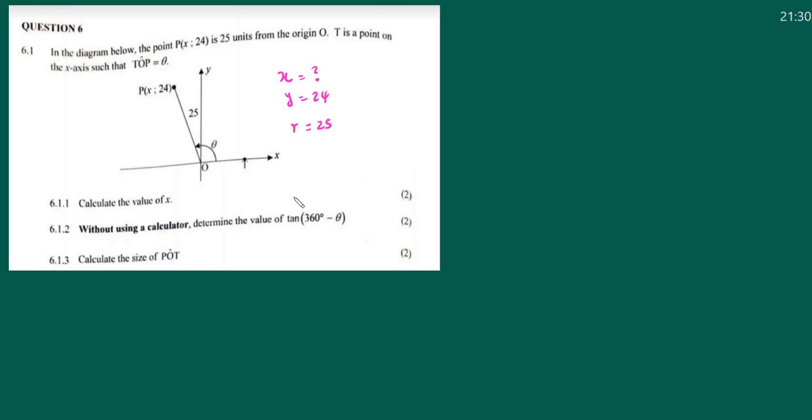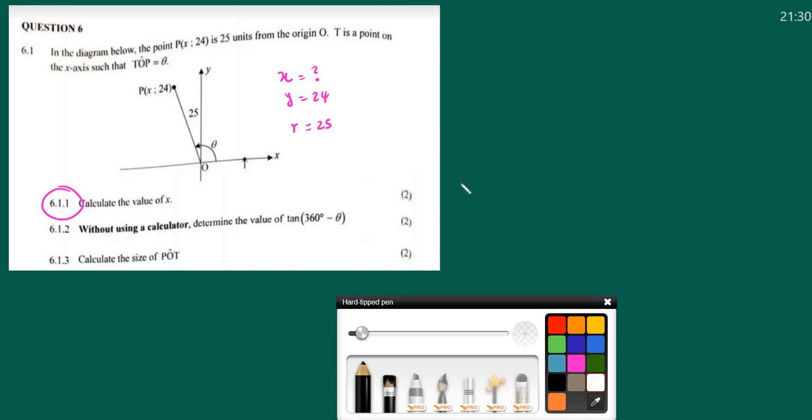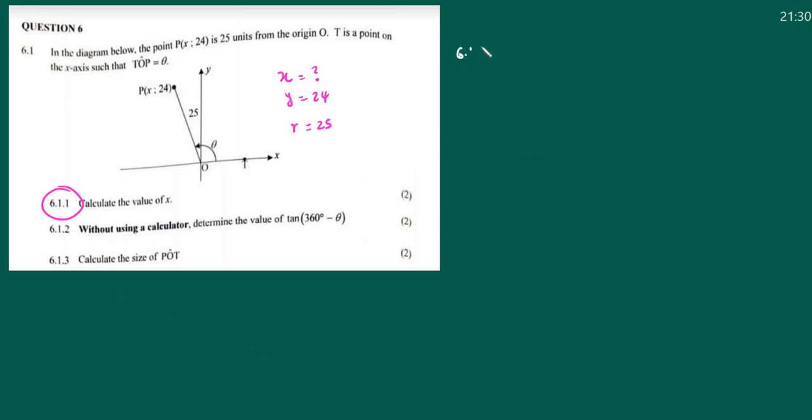So to get x, what do I do? Pythagoras. Actually it's the first question. It says get x, isn't it? So r squared is equal to x squared plus y squared.